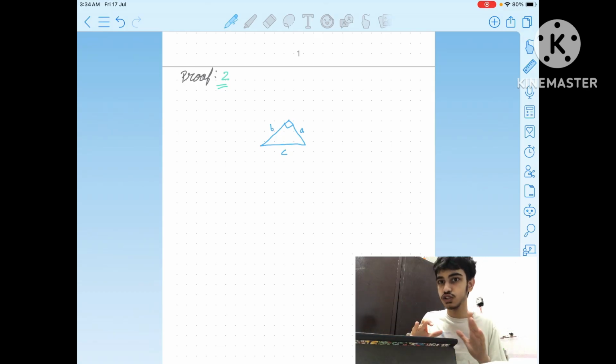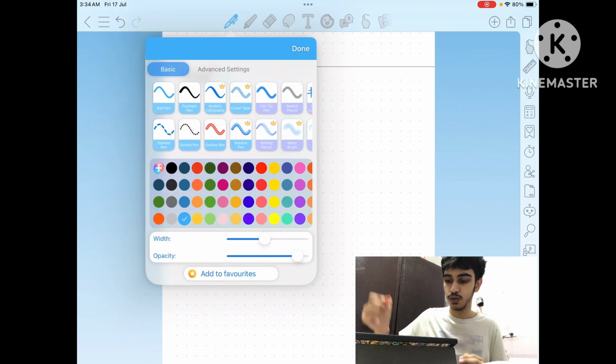So what we are going to do is create 3 squares corresponding to the sides of the triangle. Let me just show you how.